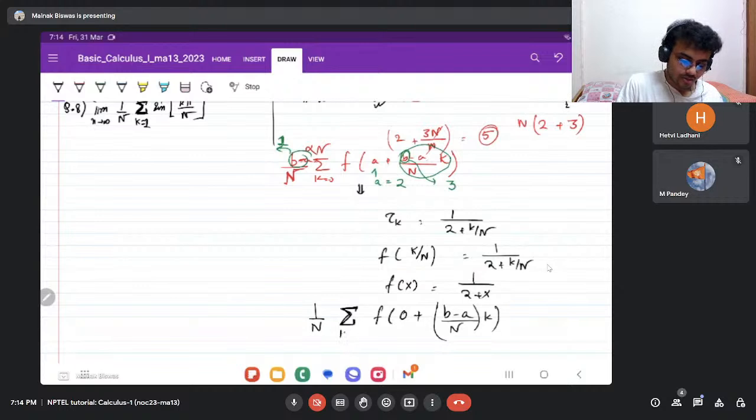And your value of k will range between 0 and 3n. Or you can not even write 3n, so you can make it just n and put 3 here, right? So since a is 0, right?